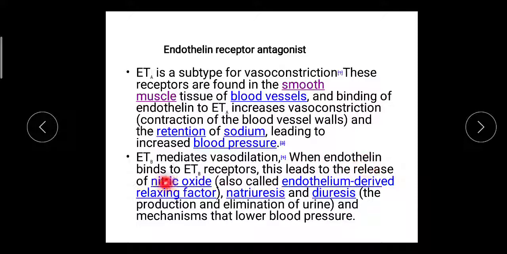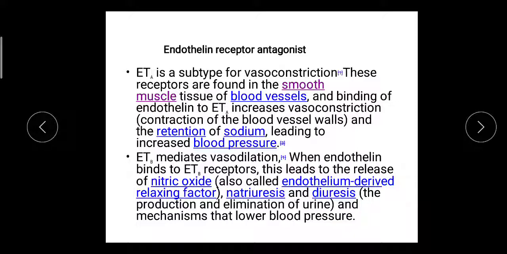This leads to release of nitric oxide, and it produces natriuresis and diuresis, the production and elimination of urine, a mechanism that lowers the blood pressure. So ETA produces vasoconstriction, but ETB produces vasodilation. These are two opposite effects.